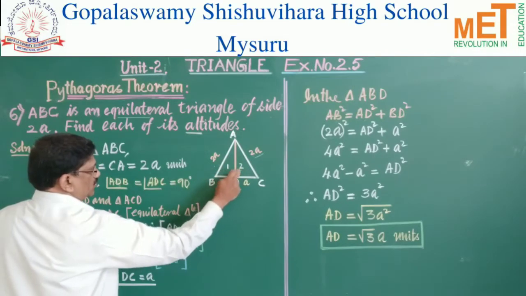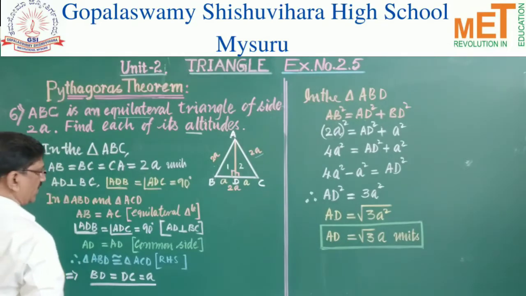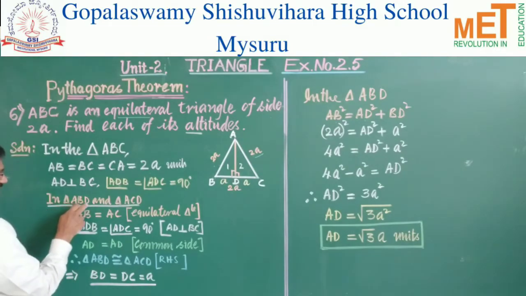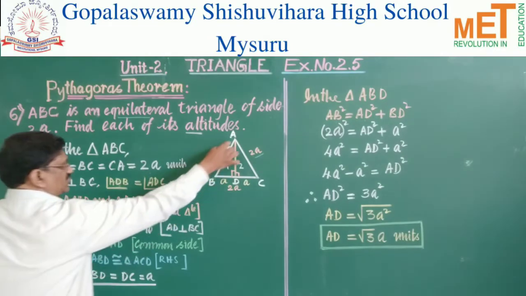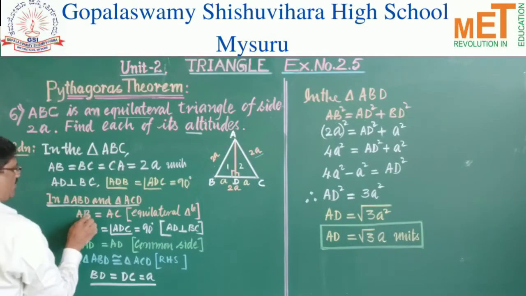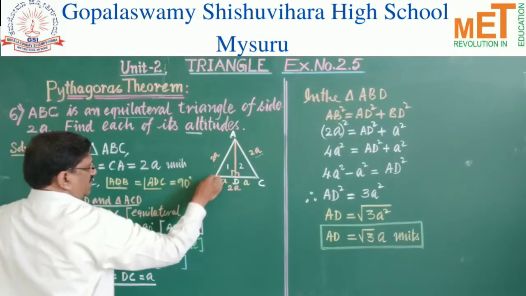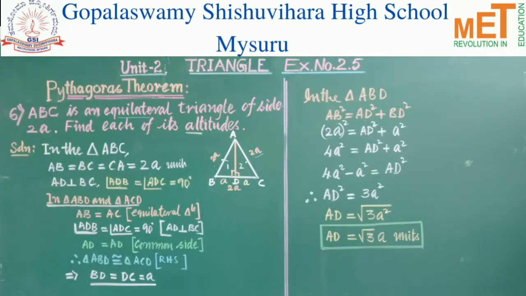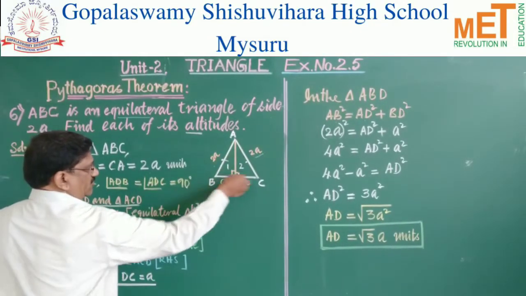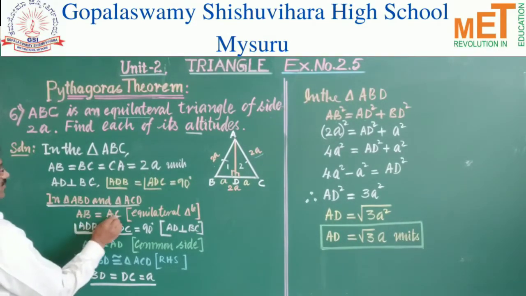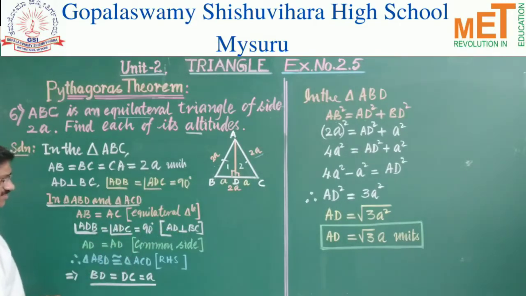Is it possible to prove these two triangles are congruent? You see, in triangle ABD and triangle ACD, children, here AB is equal to AC, because these two sides are the sides of the equilateral triangle. Clear children? So therefore AB is equal to AC, the sides of the equilateral triangle.